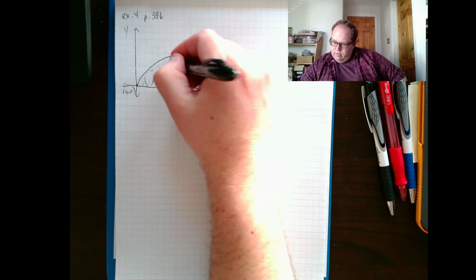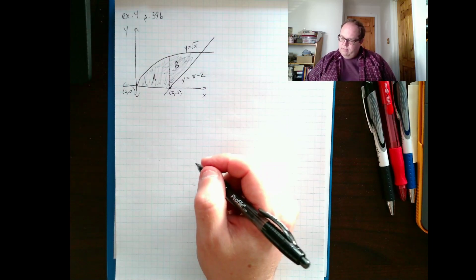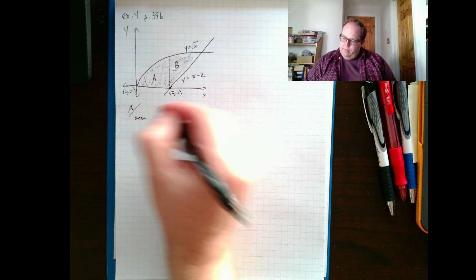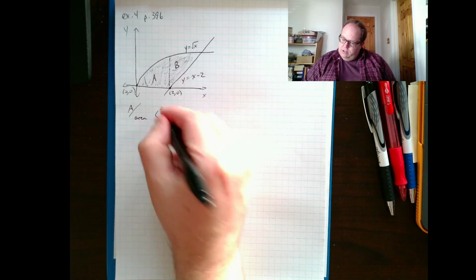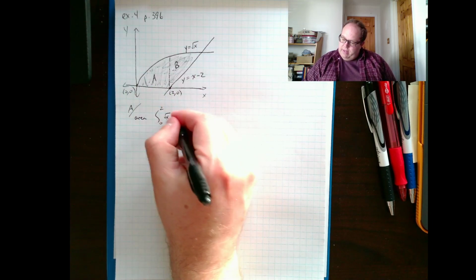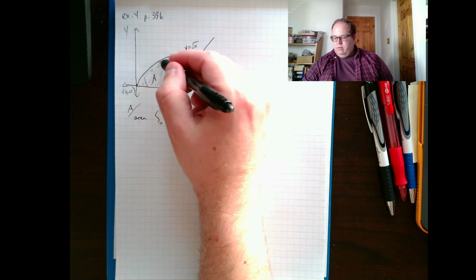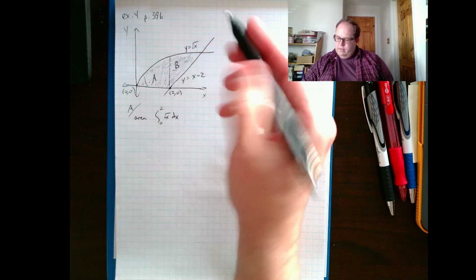Call this region A and region B, just like your textbook does. Region A will have area from 0 to 2 root x dx, because it's just the area between the square root and the x-axis.